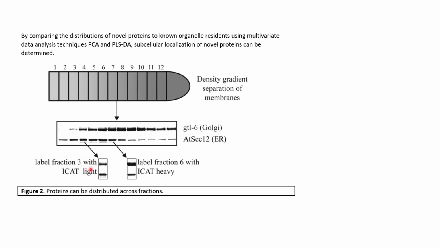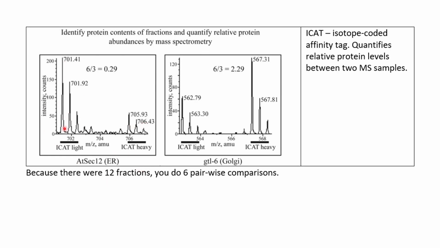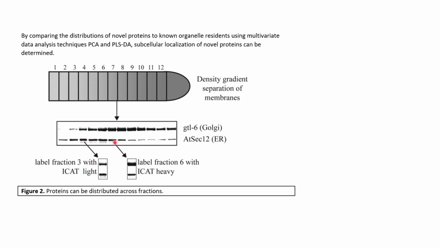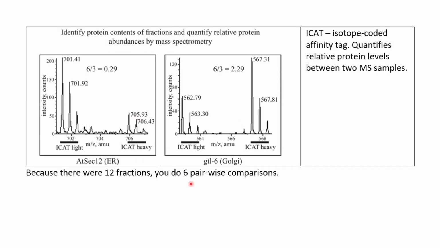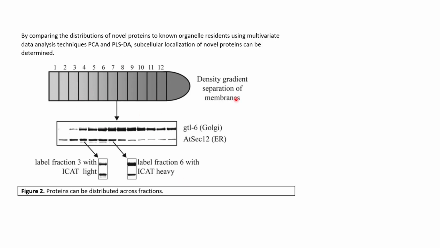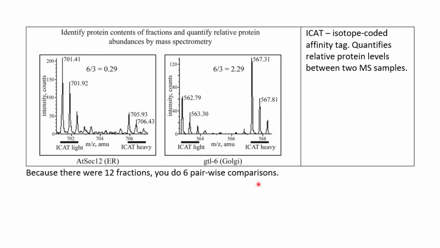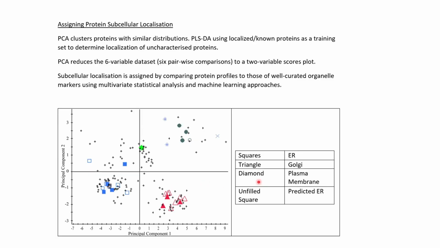So if you label, for example, fraction 3 with a light ICAT, and then fraction 6 with a heavy ICAT, you can see over here that you'll have a higher quantification signal of your light ICAT and a lower one of the heavy one. And it also corresponds to the bands over here. So there are 12 fractions, and then you do 6 pairwise comparisons, and I'll show you what for later.